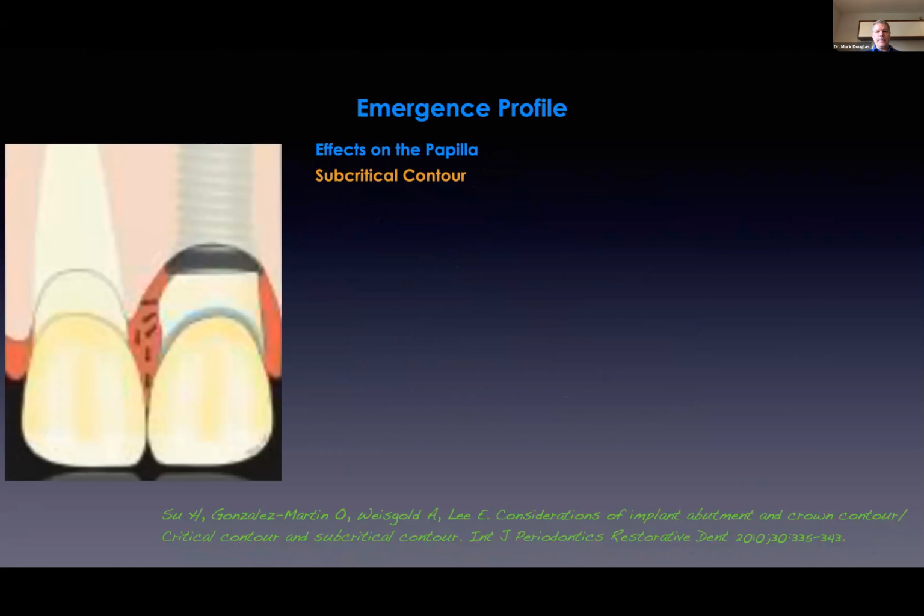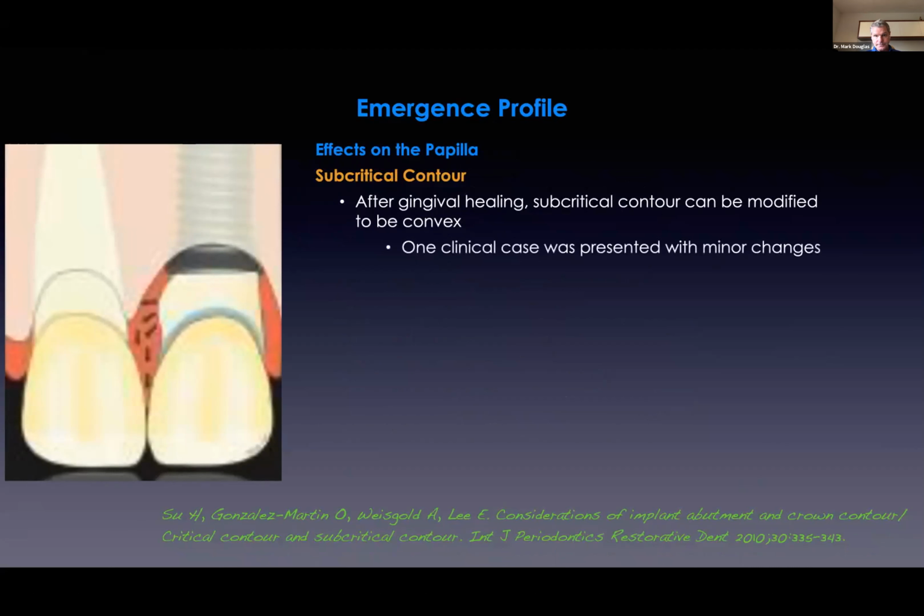So effects on the papilla, subcritical contour. Back to Su and Gonzalez and Weisgold's paper. After gingival healing, subcritical contour can be modified to be convex. One clinical case was presented, but they only had minor changes. It requires at least 2 to 3 millimeter wide papilla to even think about it.